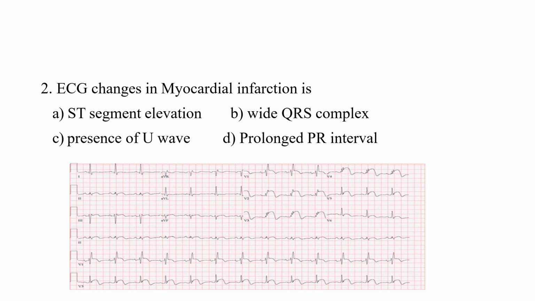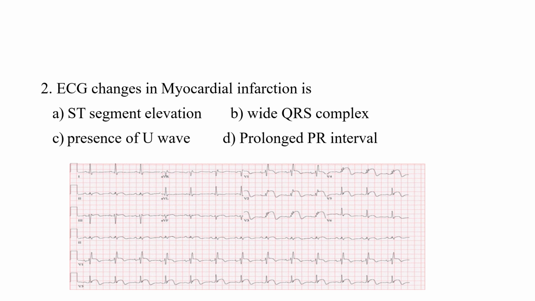So in this ECG, you can see the ST is elevated in V1, V2, V3, and V4 and V5 have a little bit of elevation. So we can say that the patient may be having extensive anterior wall MI.